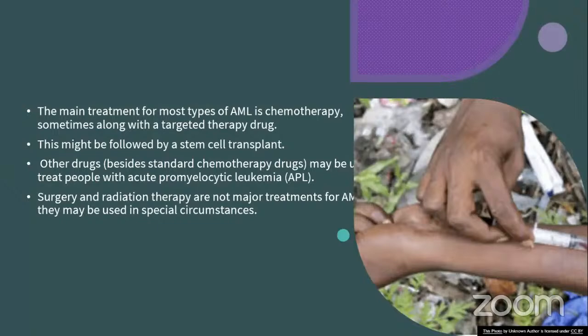So this might be followed by stem cell transplant. Other drugs besides standard chemotherapy drugs may be used to treat people with acute promyelocytic leukemia, which is APL. Surgery and radiation therapy are not major treatments for AML, but they can be used in special circumstances.